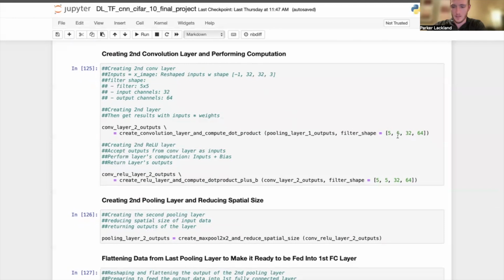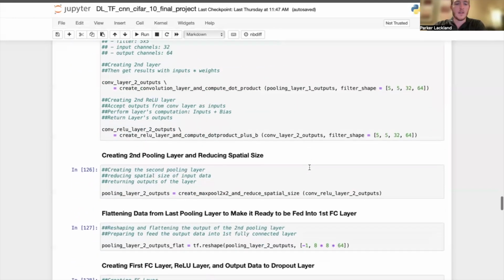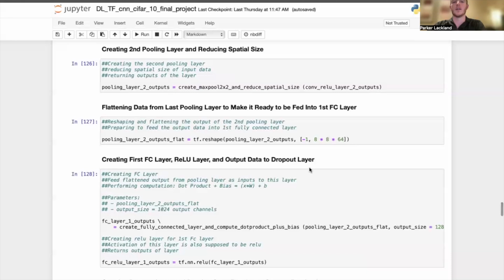And here you can see the filter size again, the input size and the output size, 32 by 64. Same thing, we add another pooling layer, which is another 2 by 2 pooling layer. This helps reduce the spatial size in half.